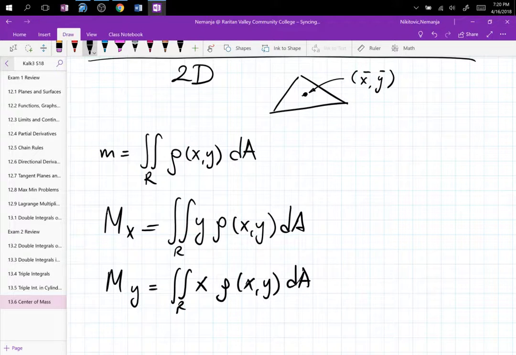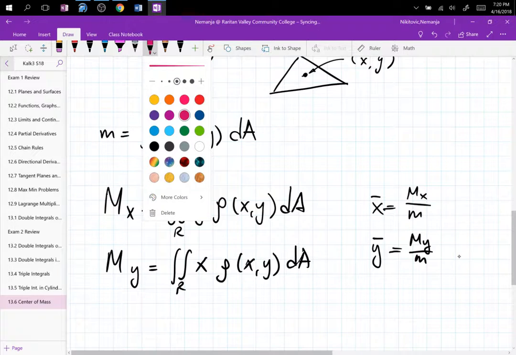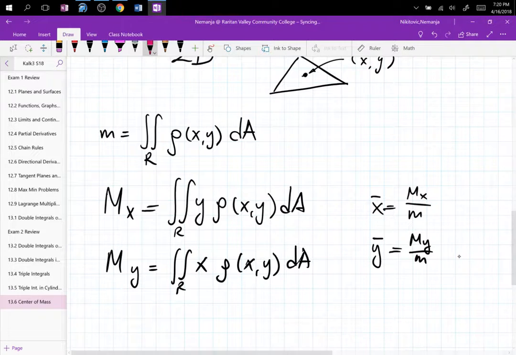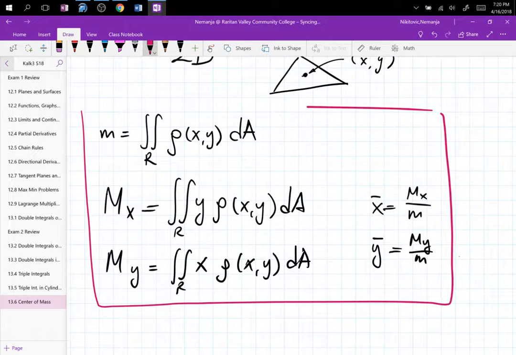To find the location on x, the x bar, we are going to take Mx and divide by the mass. And to find the y bar, we are going to take My and divide by the mass. So now you have these 5 equations that create the two-dimensional case.